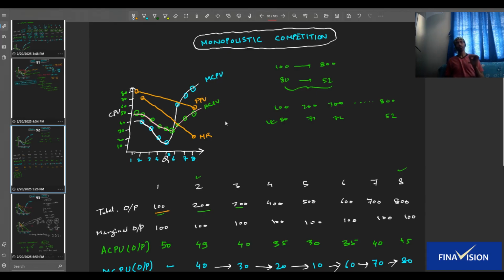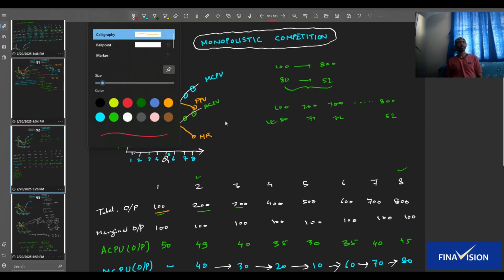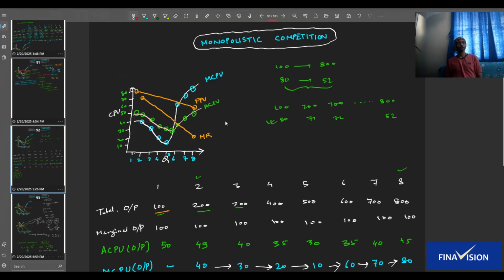Now here, do we have the profit maximal point? Of course we have, right? We have the point of intersection between the marginal cost and the marginal revenue. This is the point. This is the point, right? So the optimal output is again a vertical line downwards from this red colored point.